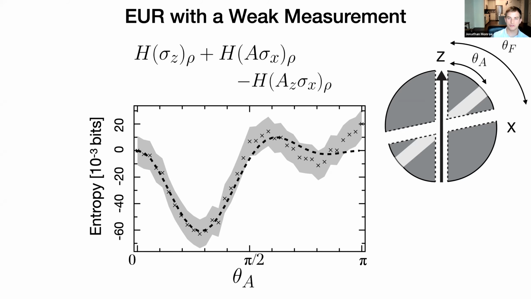There's no change there. However, if I pre-measure at pi/4, that corresponds to my minimum. And then surprisingly, if I measure at pi/2, I've actually done no better than what I would have gotten had I not measured at all, or if I just measured sigma z.